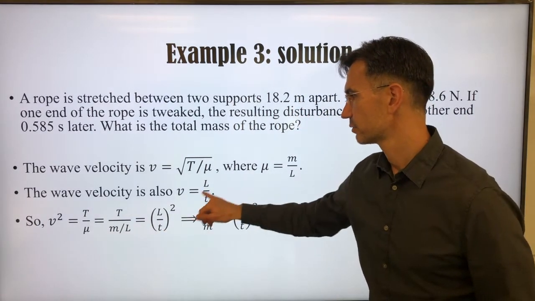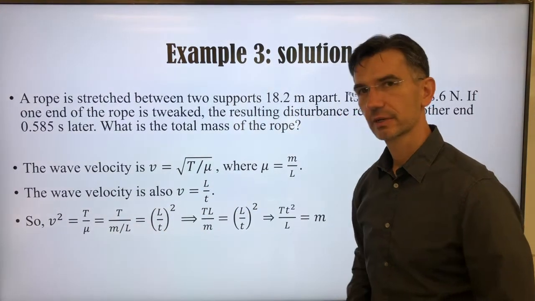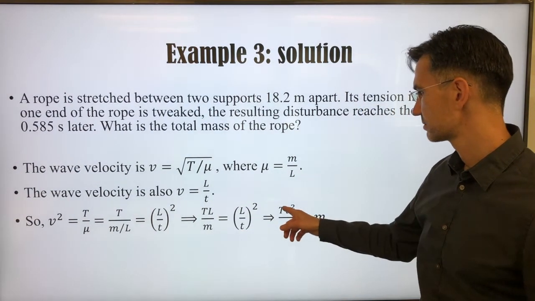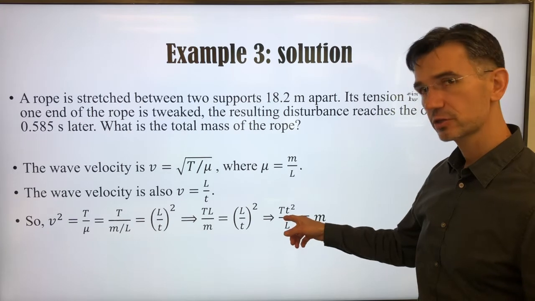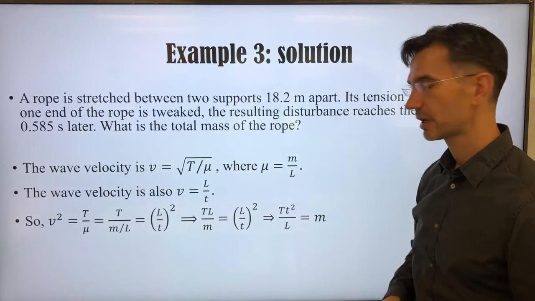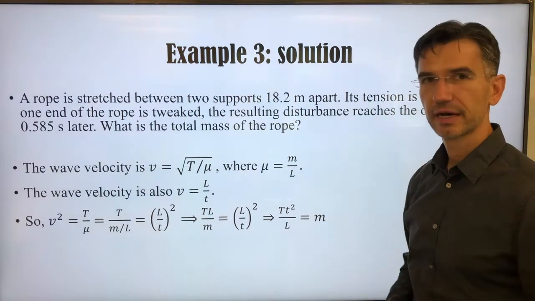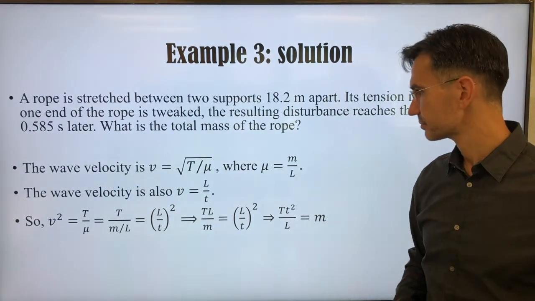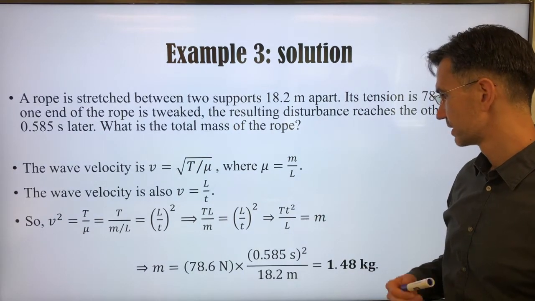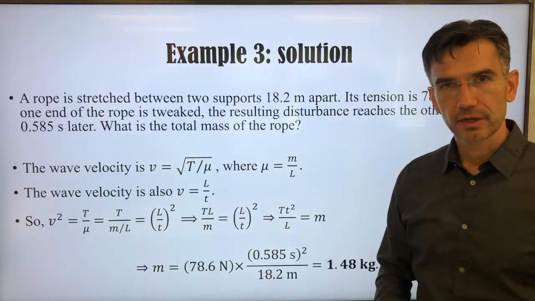And this also equals the square of L over t, so (L over t) squared. Then we can rearrange and find that the mass is the tension times the time it takes for the propagation, squared, divided by the distance. Then we put in the numbers, and we find that the rope actually weighs 1.5 kilograms.